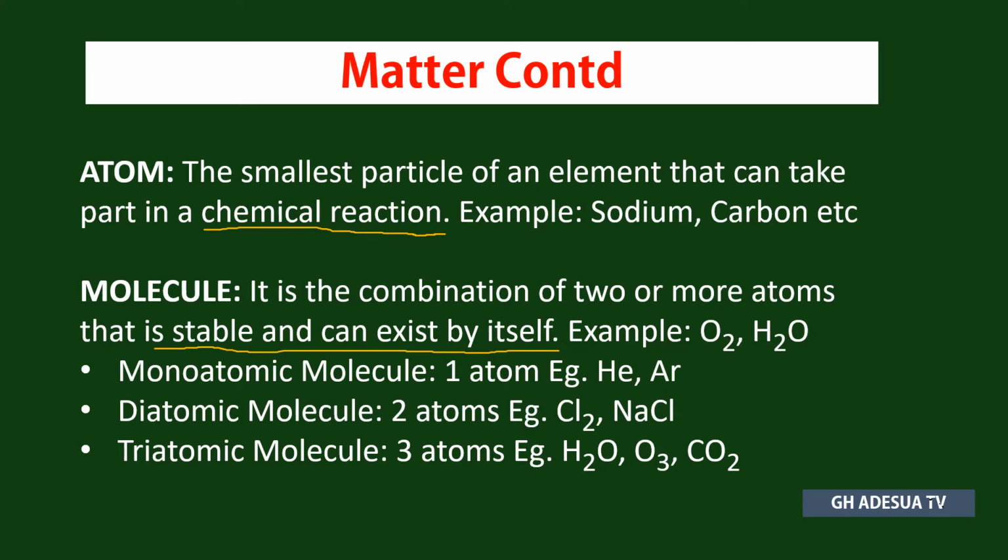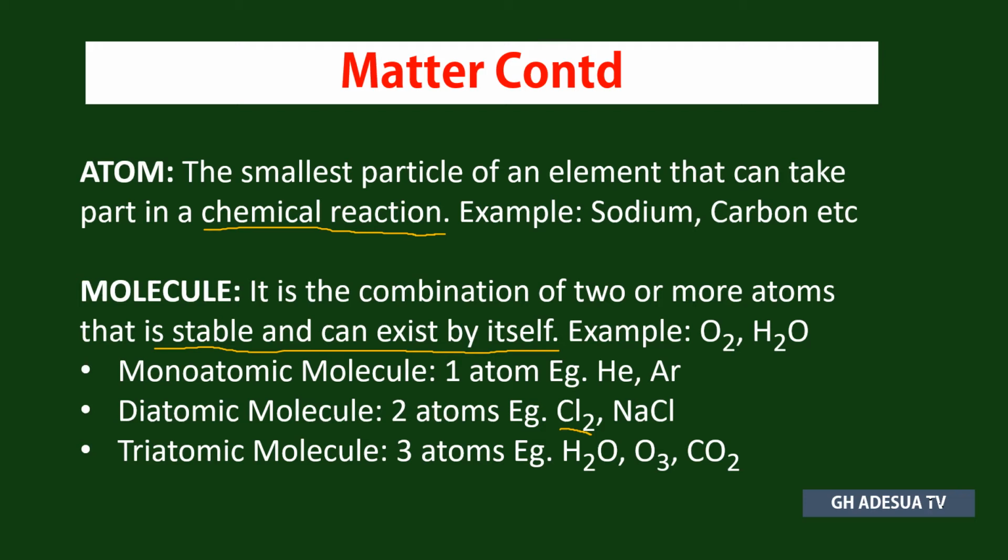Now, when we talk of diatomic molecules, it means that two atoms have to join to form a stable product. That stable product can now be called a molecule. So, for instance, Cl for chlorine cannot be a molecule, but Cl2 is a molecule.